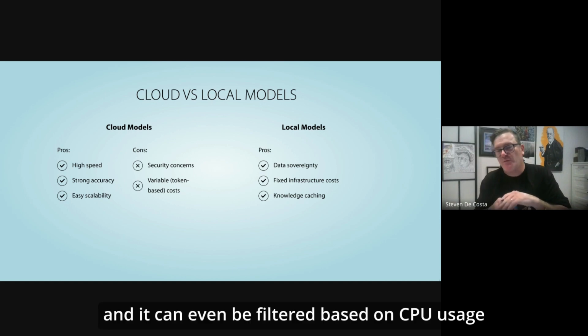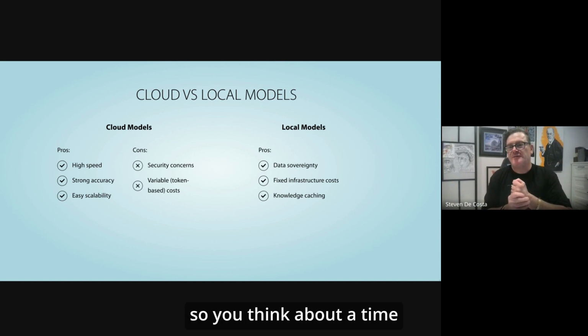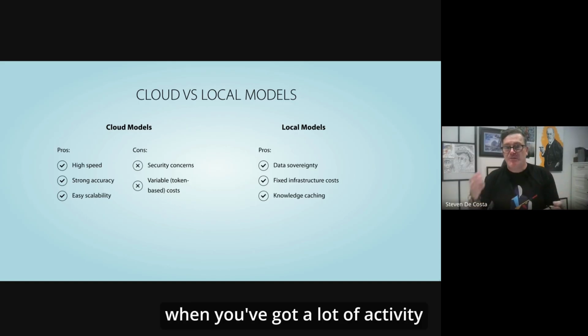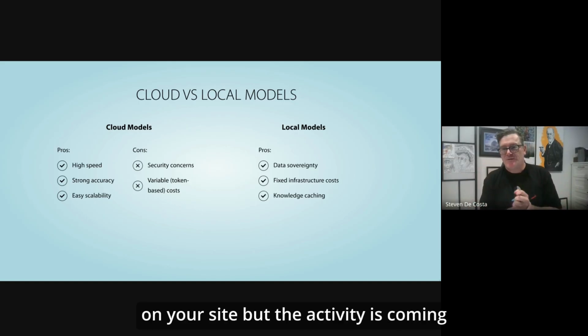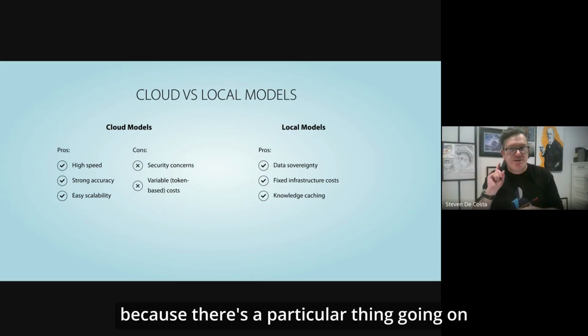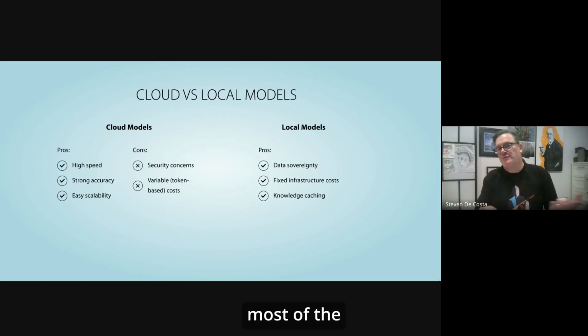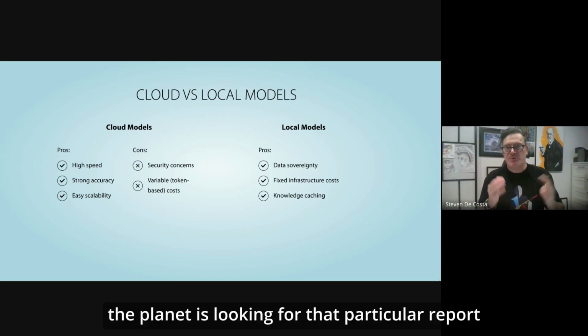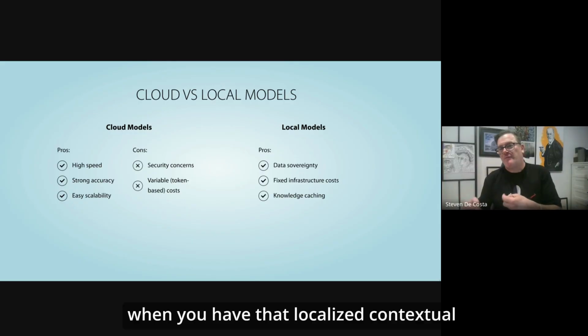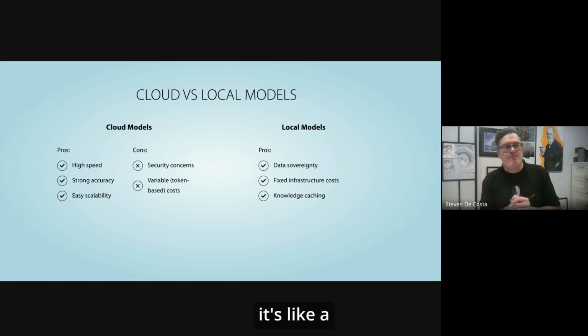And it can even be filtered based on CPU usage. Think about a time when you've got a lot of activity on your site because a particular thing is going on. You've released a particular report, and most of the planet is looking for that report.